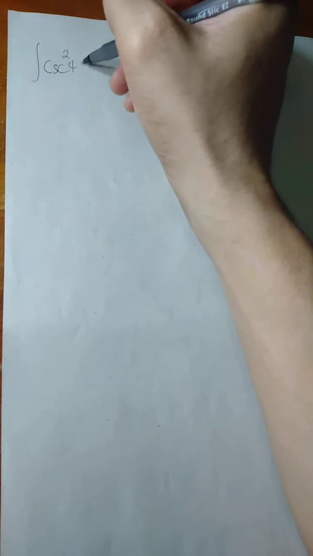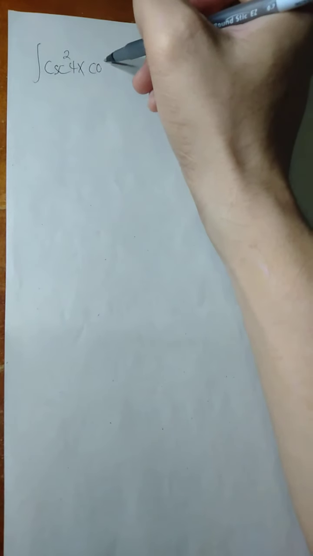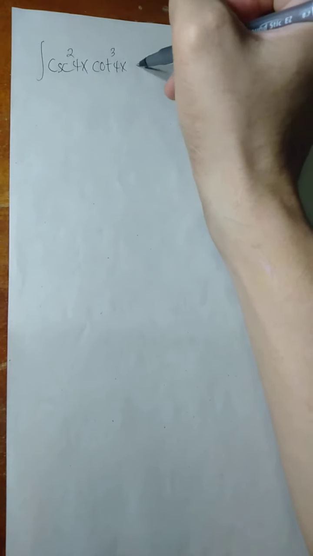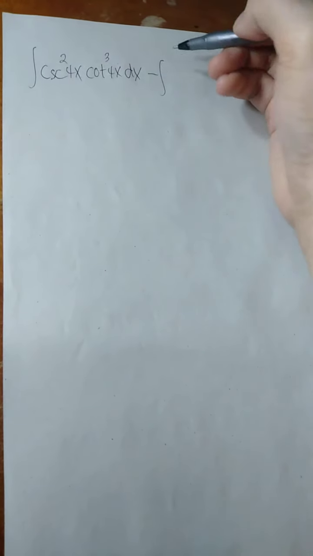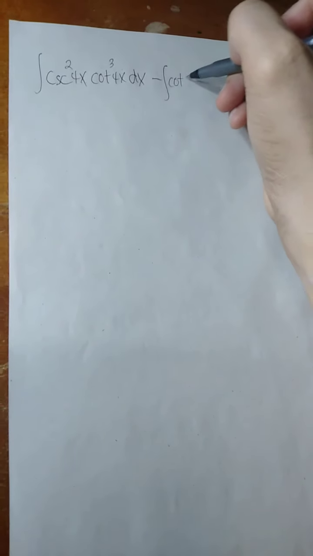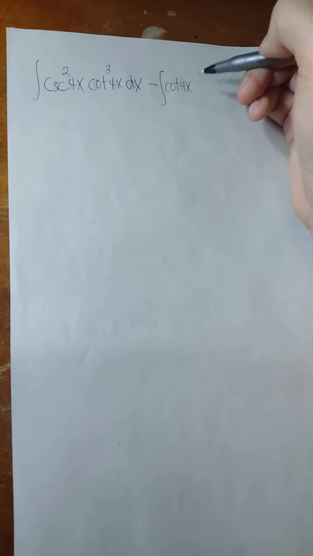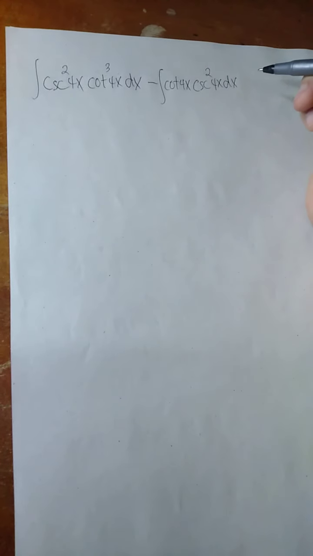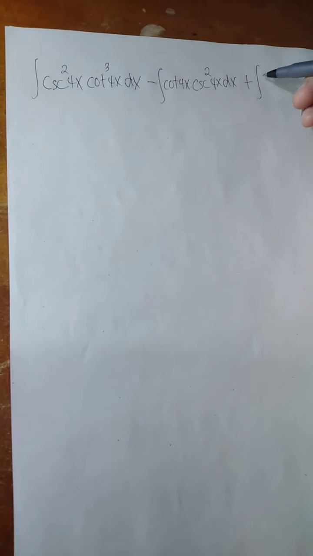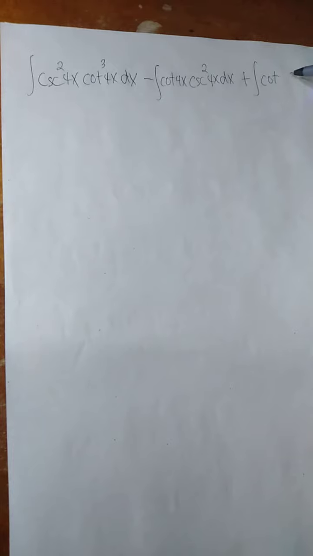So magiging integral of cosecant squared 4x cotangent cube 4x dx minus integral of cotangent 4x cosecant squared 4x dx plus the integral of cotangent 4x dx. So yun na siya. Integrable na lahat yan.